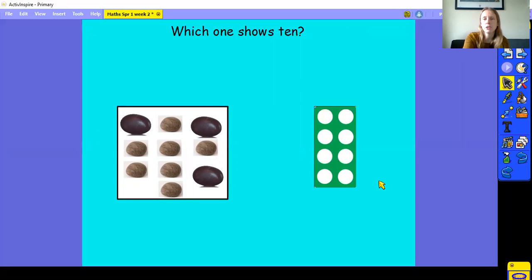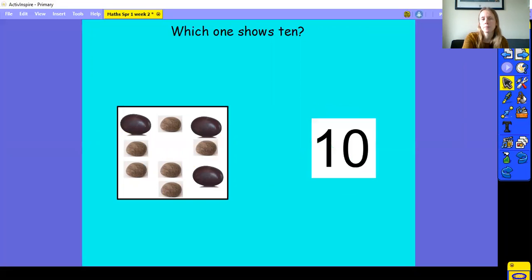We know that the 10 Numicon piece has 5 holes on one side and 5 on the other side, and this doesn't. Let's just check that we have 10 pebbles. 1, 2, 3, 4, 5, 6, 7, 8, 9, 10. Yes, there are 10 pebbles.